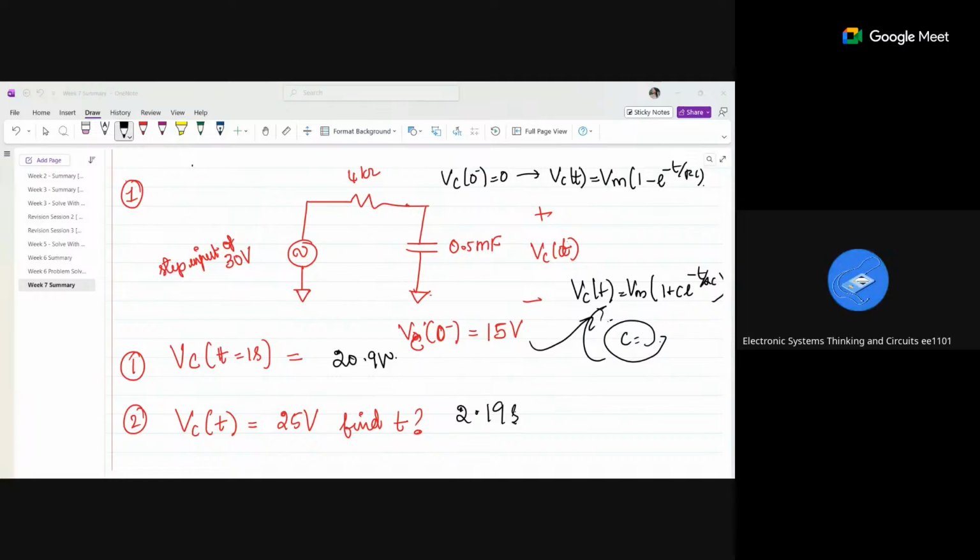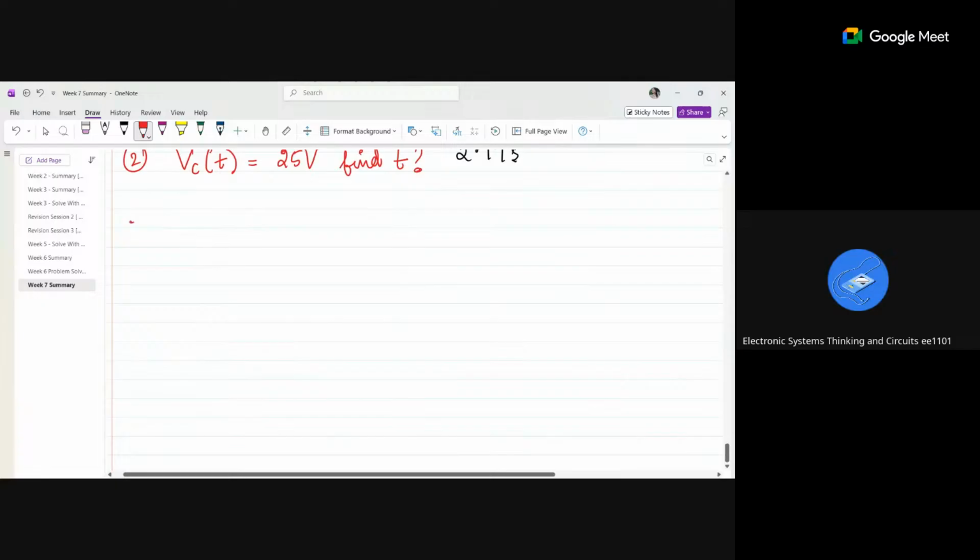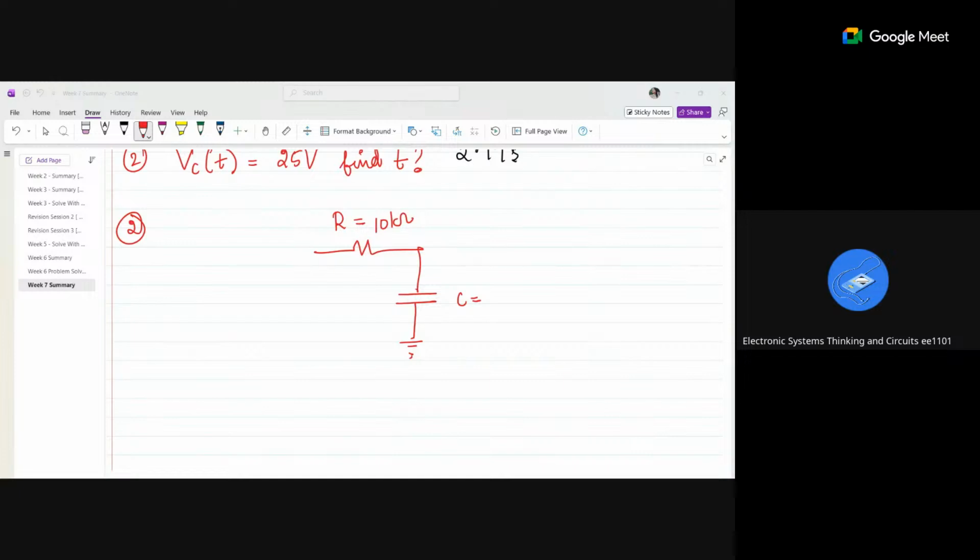So again, there is one R and C. The R value is 10 kilo ohm and C value is 10 microfarad.